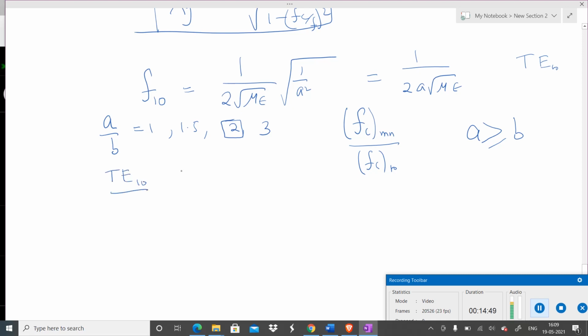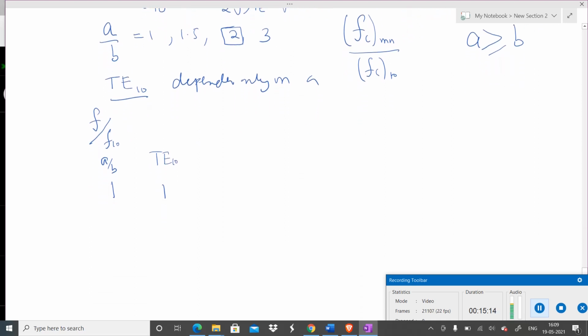TE10 depends only on a. We can say that the ratio of frequency for this TE10 mode for A by B equal to 1 is always 1. So this is TE10. Whatever be the dimension ratio, whatever be A by B, suppose it is 1.5, it will still be 1.